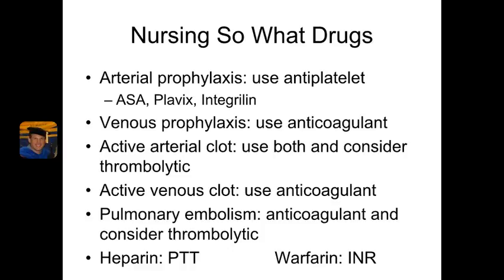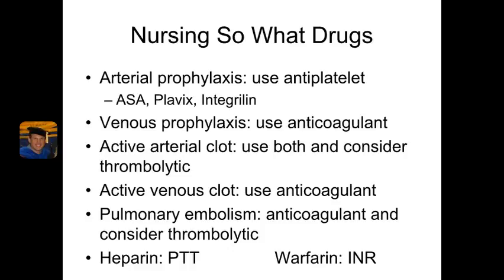If the patient has an active arterial clot, then you're typically going to use both an antiplatelet and an anticoagulant, and if it's appropriate, you might use a thrombolytic. If there's an active venous clot, typically you're going to use an anticoagulant. If that active venous clot has become a pulmonary embolism, then you're going to use an anticoagulant and maybe a thrombolytic.